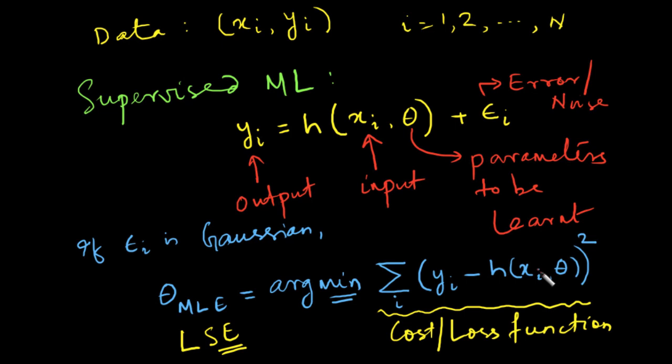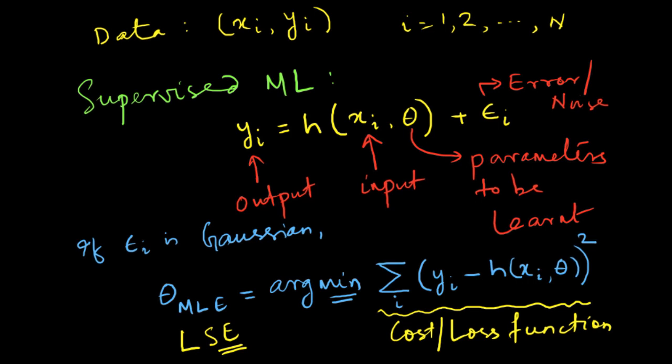Now that, although mathematically all right, is very difficult to compute analytically, because usually these cost functions are very complicated because these h functions are usually complicated. In the case of linear regression, which we are going to see in the next video, this h is a linear function, and so in that case it is possible to write an explicit expression for theta MLE, but even then, actually doing the computation is fairly difficult.